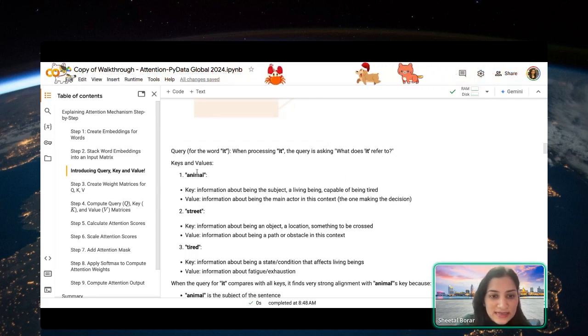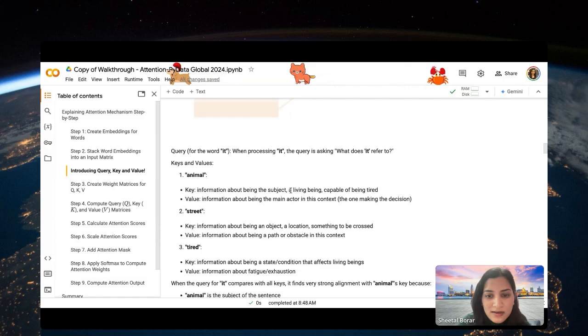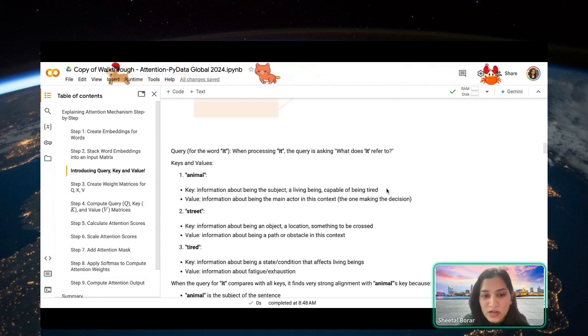So what is the key of animal? The key of animal is that animal is the subject. It is a living being. It is capable of being tired. So key is just information about this word, right?